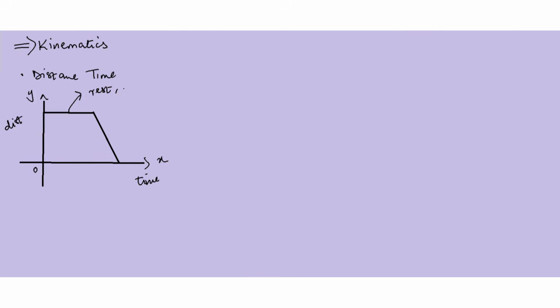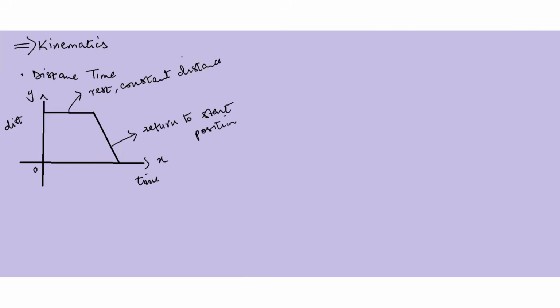Rest, constant distance. As you can see, there's a declining slope over here, which means it is returning to start position. So this point over here is return to start position.